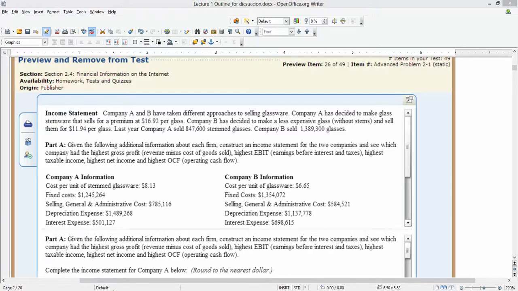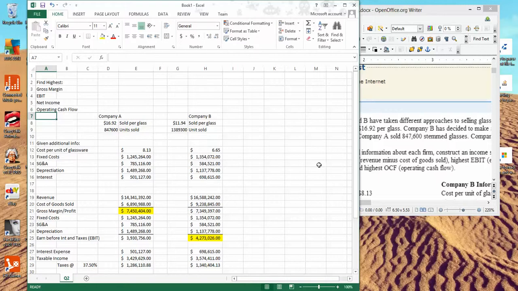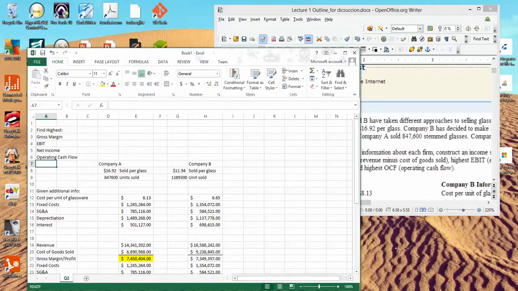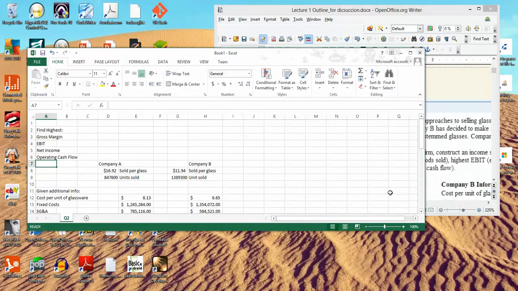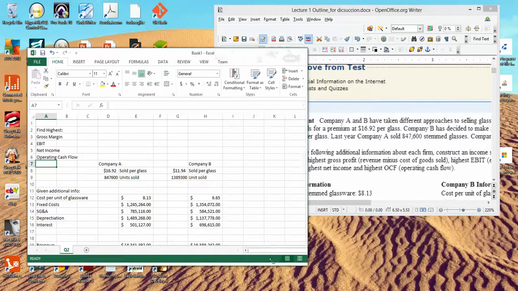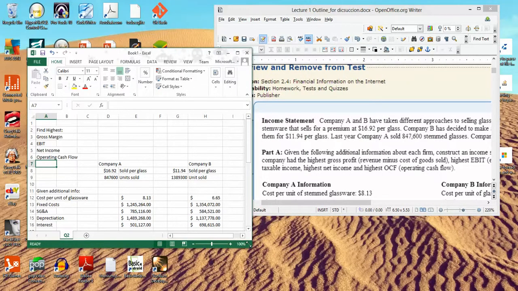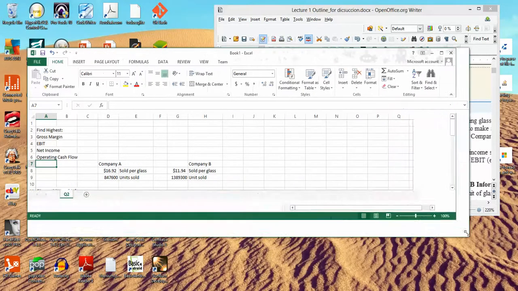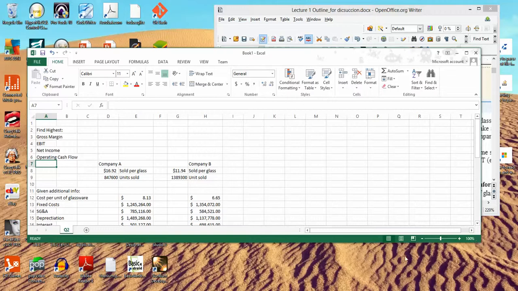And all I did is put it into an Excel worksheet. So let me show you that. So we have that. What I did is, you're given cost per unit, fixed cost, and all I did was create an income statement.